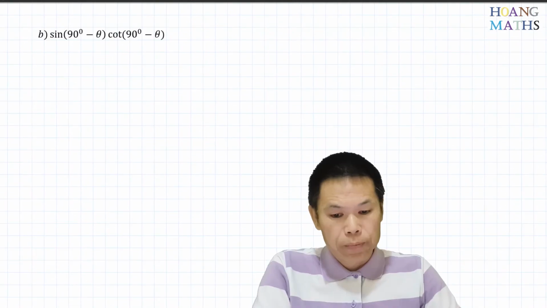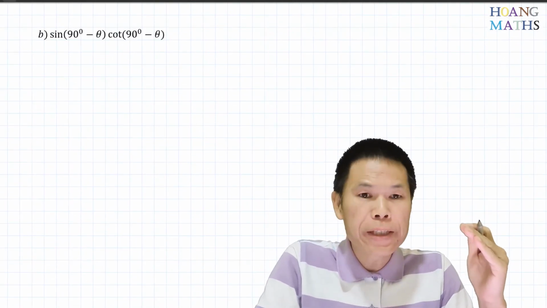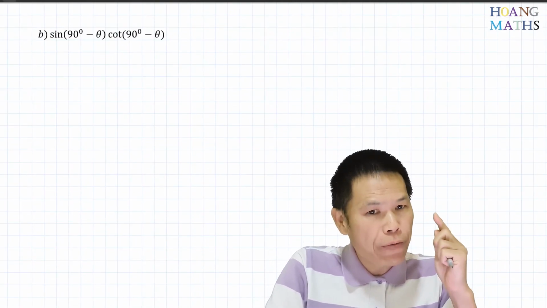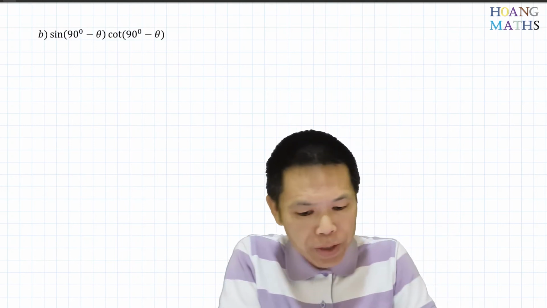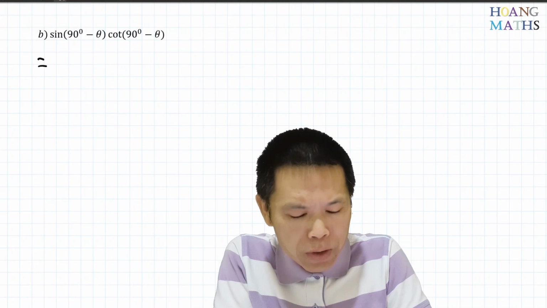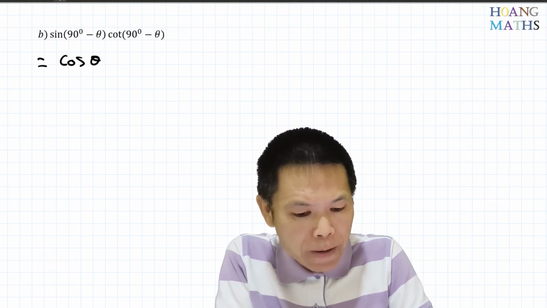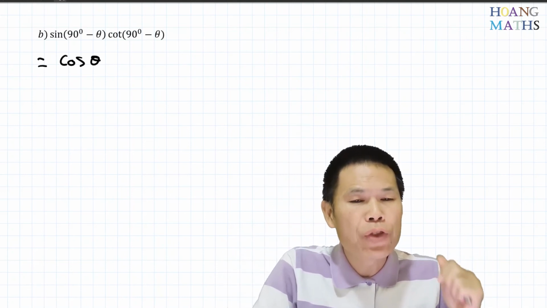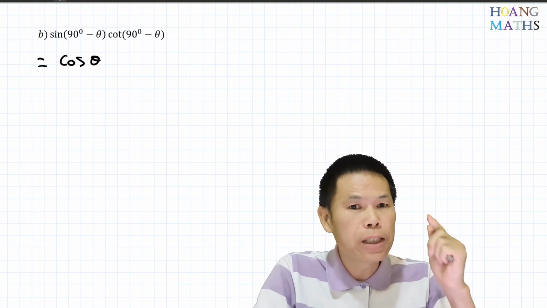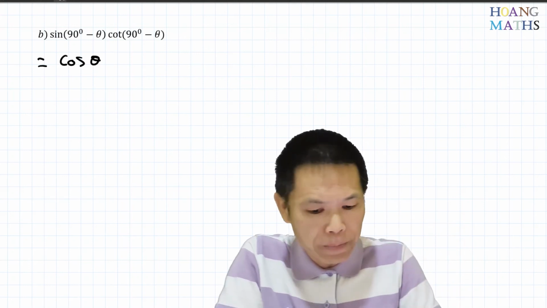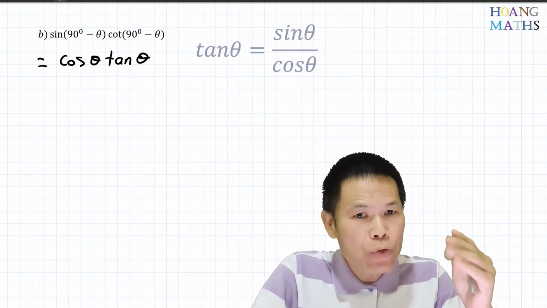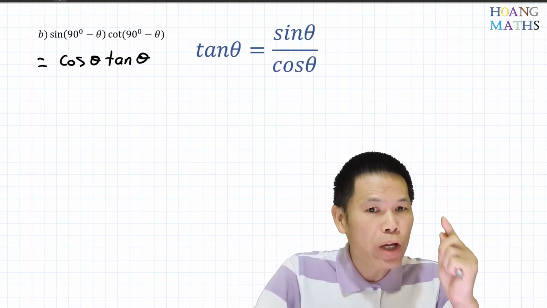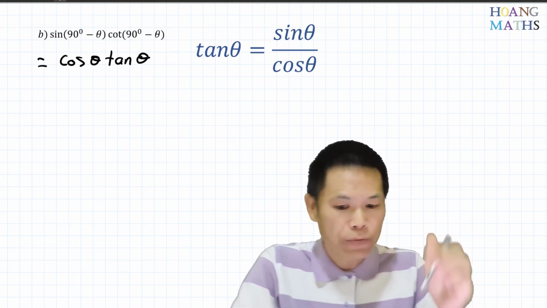Second one. So to simplify this, we know that sine of 90 minus theta is equal to cos of theta. So just write this down. That equals cos of theta. But then cot of 90 minus theta is equal to tan of theta. So just write tan of theta first. And we know that tan of theta is equal to sine of theta over cos of theta.